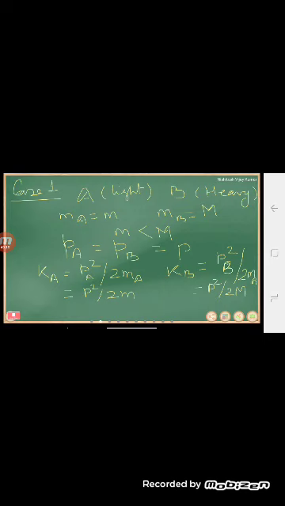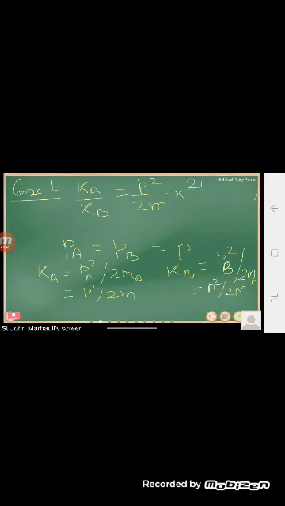Now since we have to compare them, we find the relation between them, that is Ka upon Kb. This will be P square upon 2m divided by P square upon 2M.